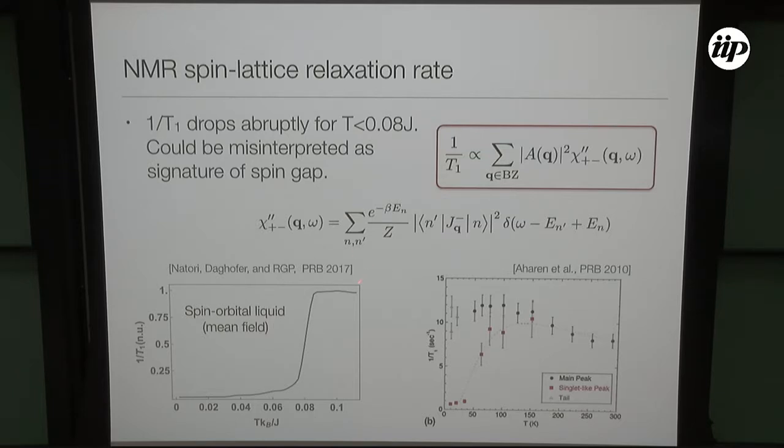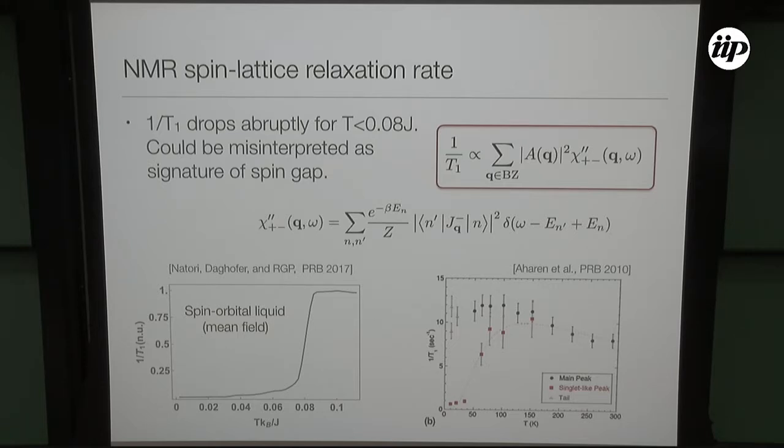And what we find is that the spin-lattice relaxation rate drops very rapidly here at the energy scale which was the same as the drop in the specific heat. This is a very fast drop, and this could be misinterpreted as a signature of a spin gap.